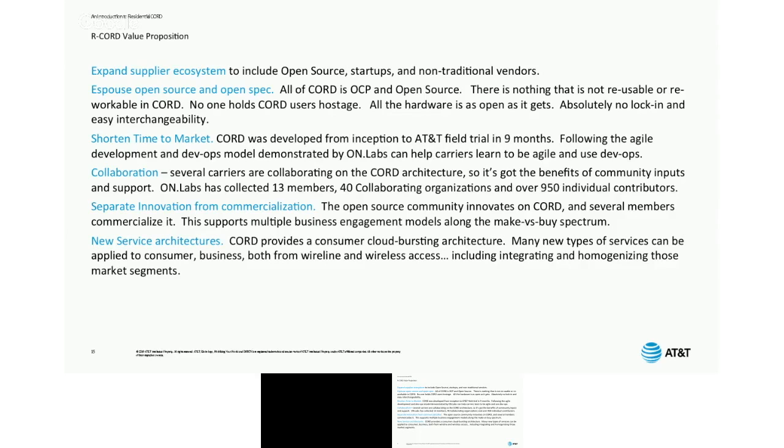It's espousing open source and open spec. So we didn't have to make the kind of hard choices in developing the original RCord, which gave any particular vendor a sort of a leg up in the overall picture. So it's all open everything. We believe it really substantially meets our primary need of shortening our time to market by being able to develop capabilities and services very quickly.